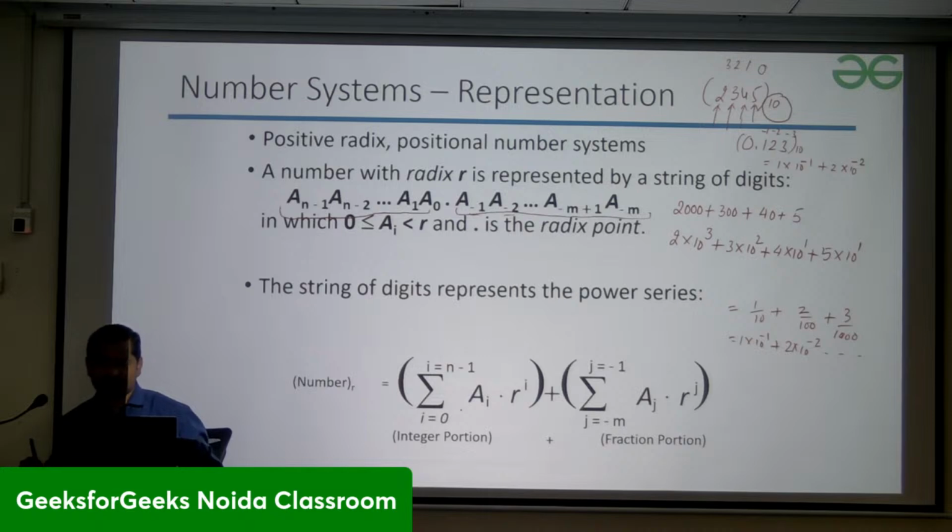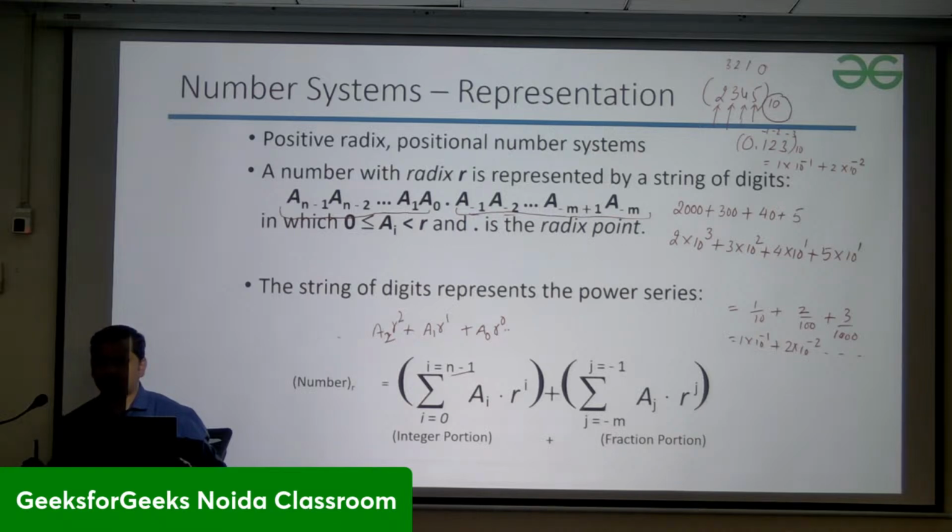So whatever digit is there, ai multiplied by r to the power i, where i varies from 0 to n minus 1 for the integral part. For the integral part, if I expand this particular equation, I can see it is a0 r to the power 0 plus, so I'm writing it in reverse direction, a1 r to the power 1 plus a2 r to the power 2, and so on.